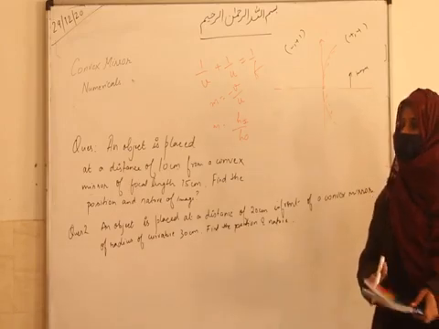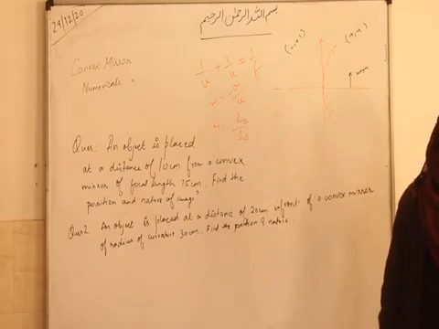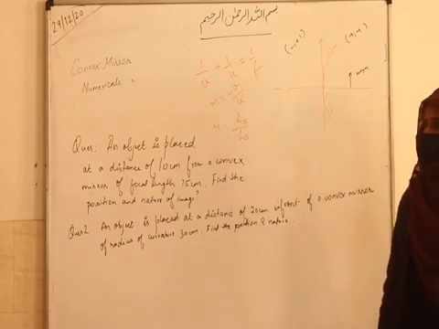Sometimes they will give it like this also: converging mirror, diverging mirror. What is a diverging mirror? Convex mirror. And a converging mirror? Concave mirror.